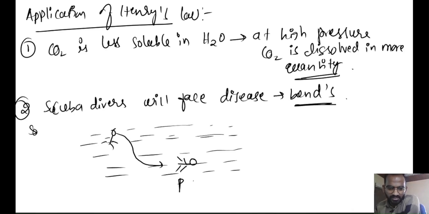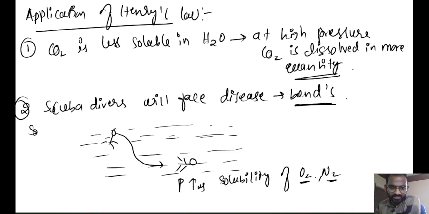As the pressure increases, the solubility of oxygen and N2 from the gas cylinder increases. Oxygen will be there and nitrogen also, right? They take air, so oxygen and nitrogen. The solubility of oxygen and nitrogen will increase.